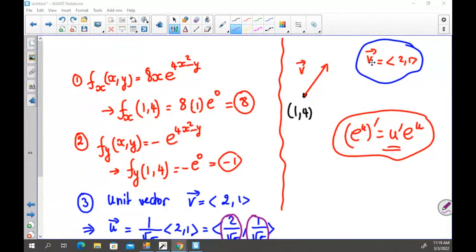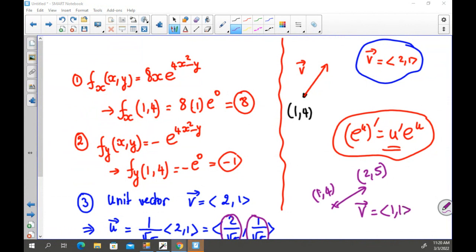By the way, instead of giving you the vector directly, I could say in the direction of the vector from this point to that point. Will you know how to do that? You find the vector by subtracting. So if I give you a vector from the point, let's say, (1, 4) to the point (2, 5), then the vector v will be (1, 1).